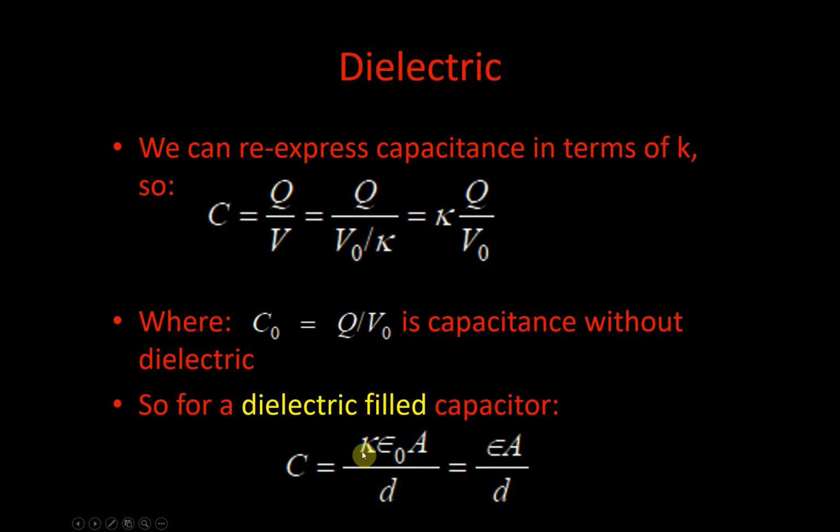Now, what will happen if you take K and multiply it by epsilon 0 is you'll end up with something we can refer to as a new permittivity. This isn't the permittivity of free space anymore. This is the permittivity of whatever material is sitting between the plates, be it wood, glass, plastic, stuffed toys, whatever it is, and it will have a value of epsilon instead of epsilon 0.